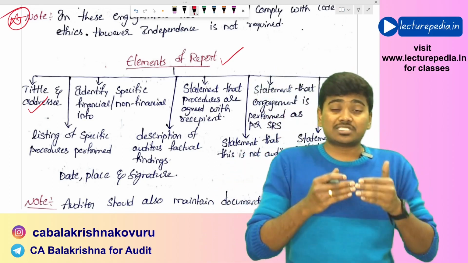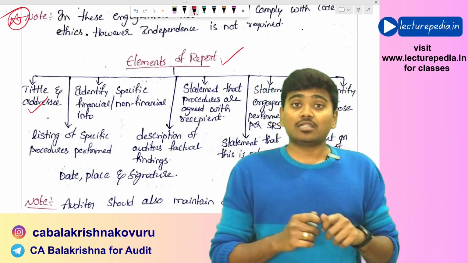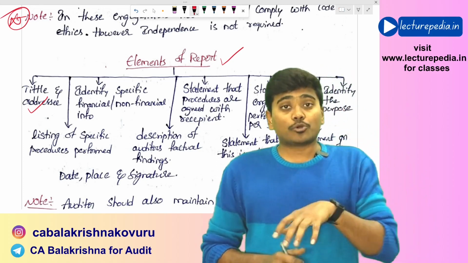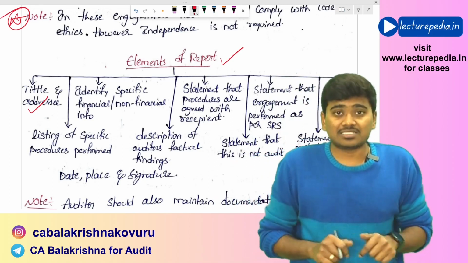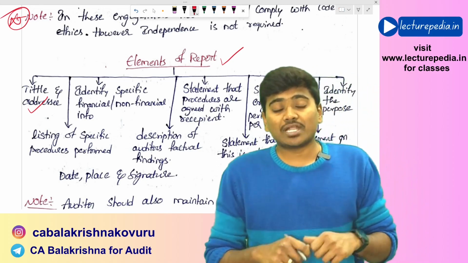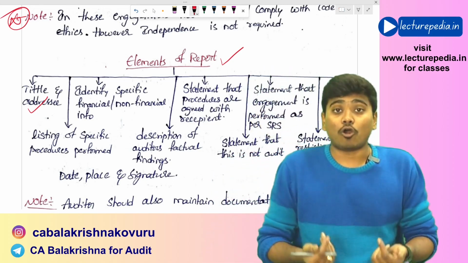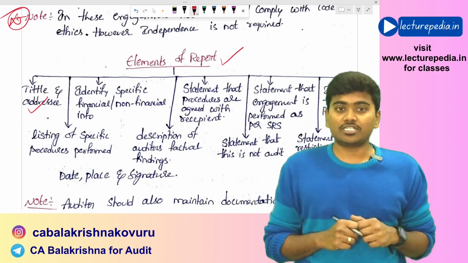He should also list down what procedures he has performed during the engagement and what facts he has found with the help of those procedures. And he should also clearly communicate that in this engagement I will be just providing facts, I will not be providing any assurance because this is not an audit. Okay, all these points he needs to mention in the report.